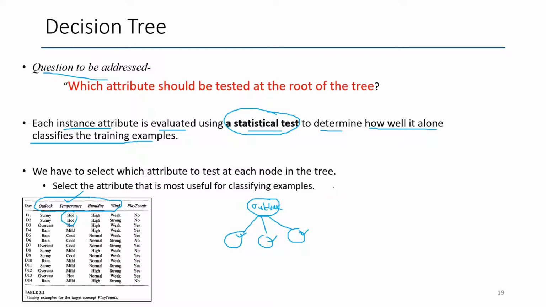Consider that out of these 14 samples, 10 have temperature equal to hot, and out of the remaining 4, for 2 samples we have temperature equal to mild and temperature equal to cold.